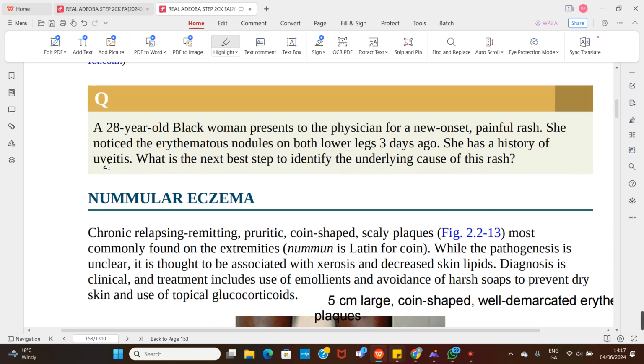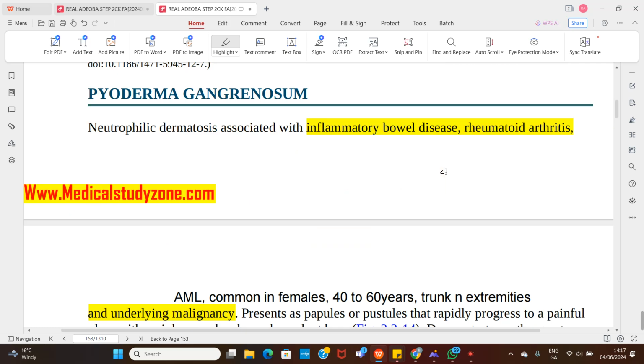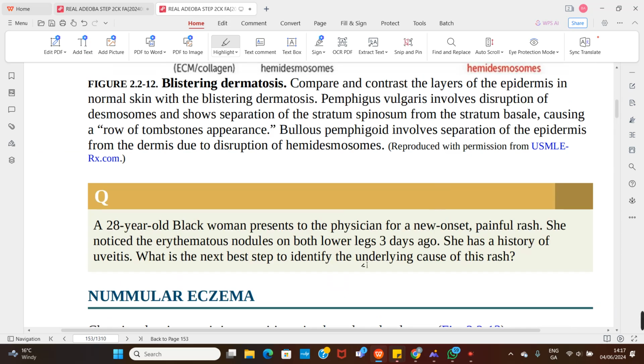So, a 20-year-old black man presented to the physician for a new onset painful rash. She noticed the erythematous nodules on the lower legs 3 days ago. She has a history of uveitis. So what's the best method to identify the underlying cause of the rash? So I know we already know that this is likely to be sarcoidosis, right?